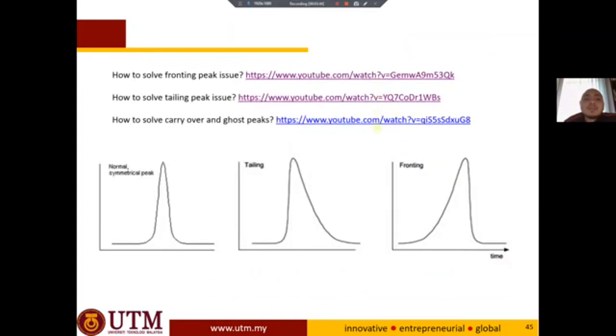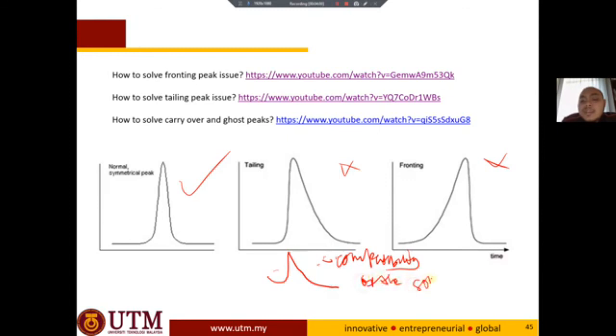So here are some of the peak issues. Here is the normal one, here is the bad one. The bad one we don't really want. For the tailing, the problem is usually caused by a few things. First of all, maybe the solvent compatibility.